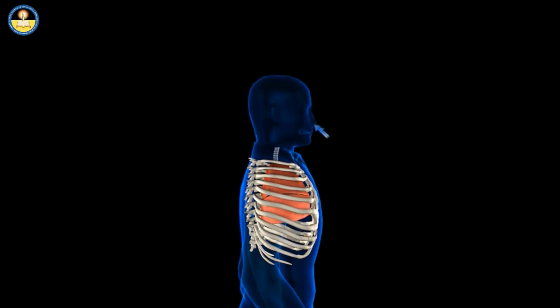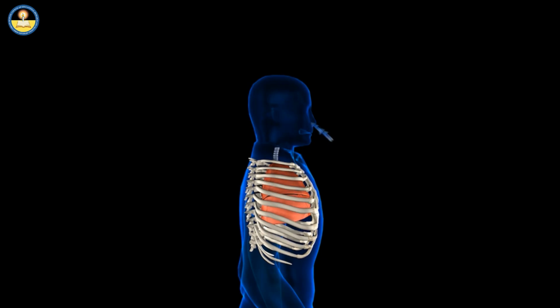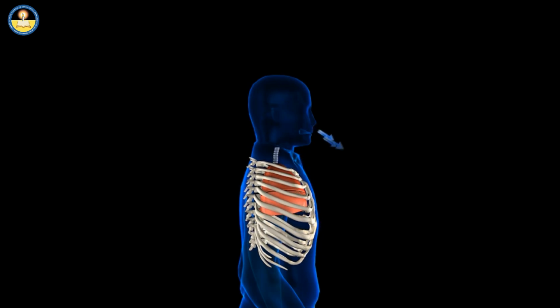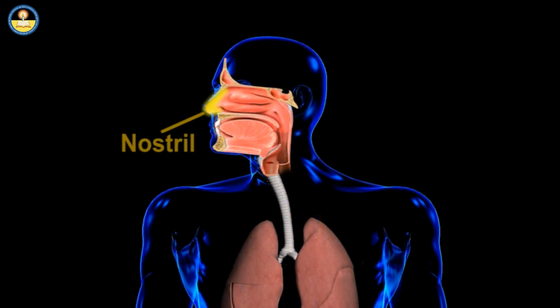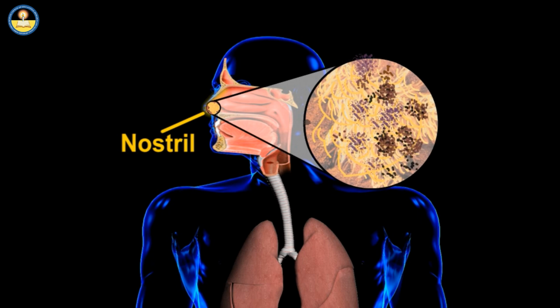By now, we know that breathing is the first stage in respiration. If we follow the breathed-in air that enters the nasal cavity through the nostrils, cilia lining the nasal cavity move back and forth, blocking the dirt that comes in with the air.